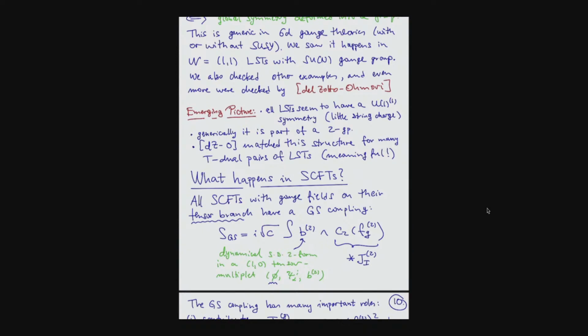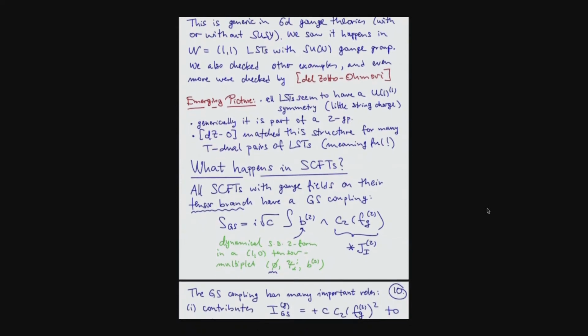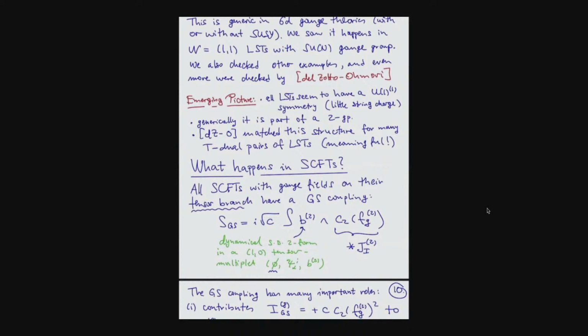And one thing you can do, for example, is you can match this two-group across dualities. So I said in the beginning that little string theories enjoy dualities, for example, T-dualities, and you can match the two-group symmetry across these dualities. So that gives you a new check of the dualities, but it also gives you confirmation that this two-group symmetry that we found by analyzing the low energy effective quantum field theory is actually a legitimate property of the full theory.